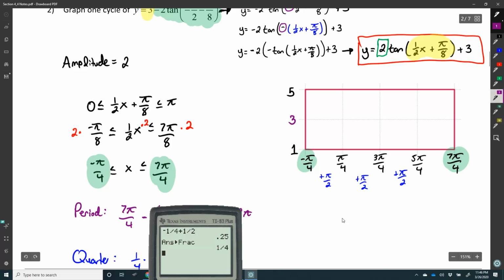So this trig function, notice that it's a positive tangent because we're using the one I boxed right above here. And it's positive. And that's what our graph's going to look like.